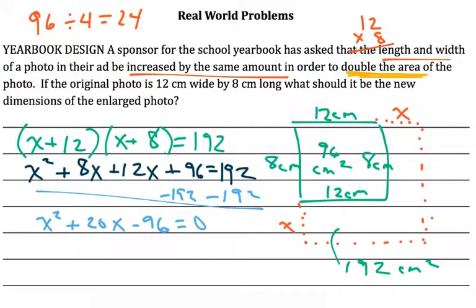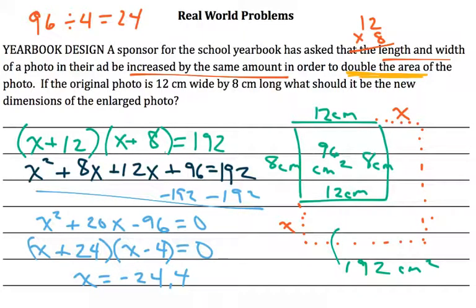And these are things that aren't really easily done in the head, so maybe I do 96 divided by 4 to get 24, and I make sure I feel comfortable with that, because there I come across my answer, which would be x plus 24 times x minus 4, and those would be the factors, which means that either my answer is negative 24 or 4.